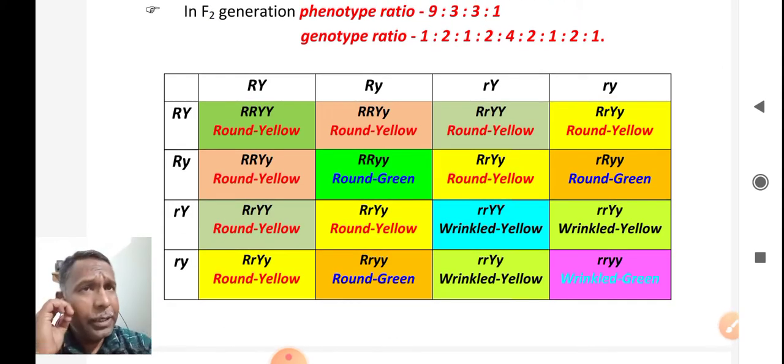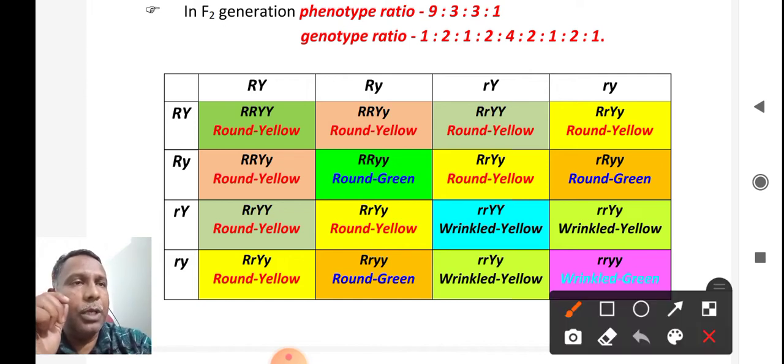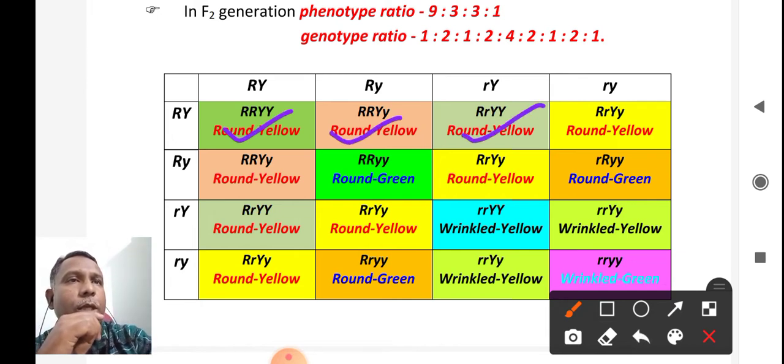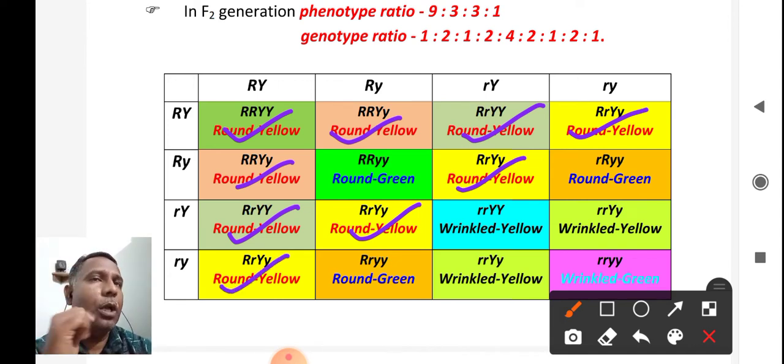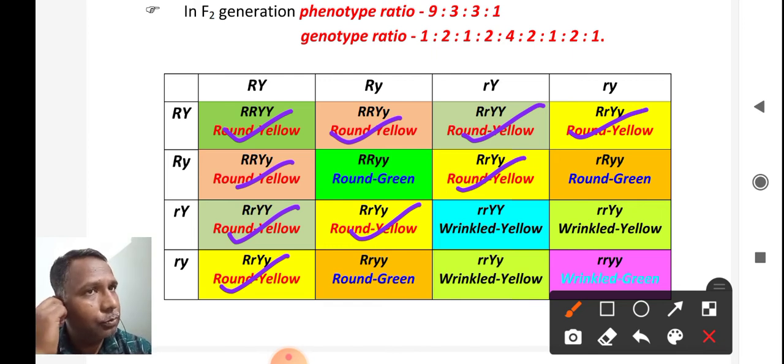Now, how many round yellow are there? If we count the total number of round yellow, that is 1, 2, 3, 4, 5, 6, 7, 8, and 9. These all are round yellow.